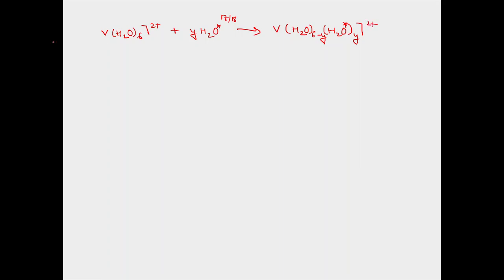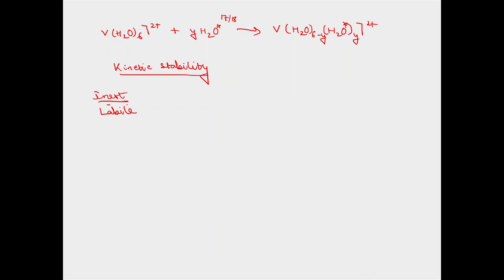This type of reaction is known as a water exchange reaction. It depends on the kinetic stability of the complex ion given. So the complex can be either inert or labile.